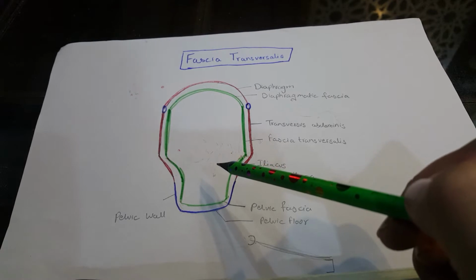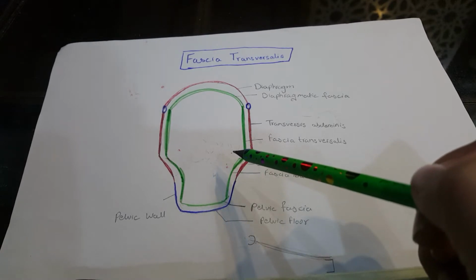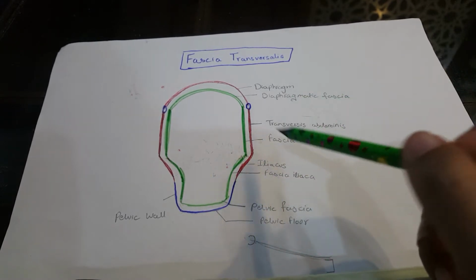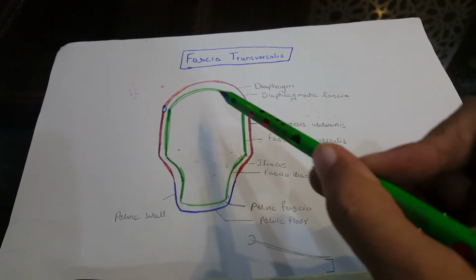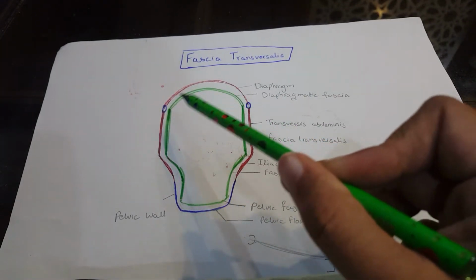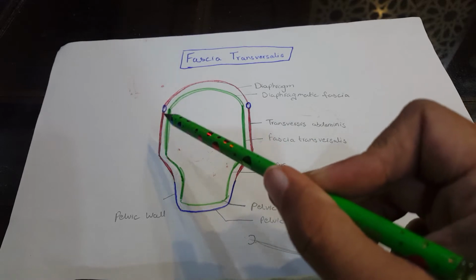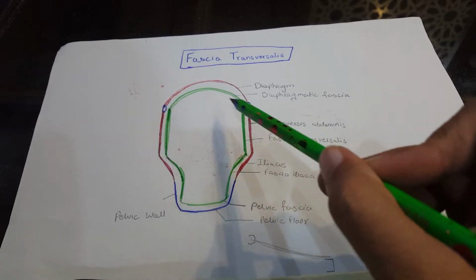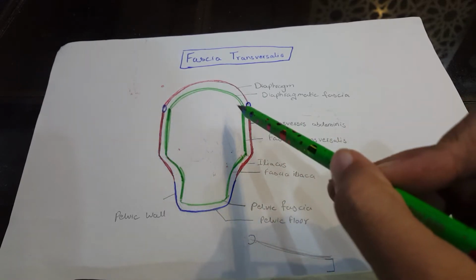Abdominal walls are basically lined by a connective tissue layer in the form of diaphragmatic fascia. Diaphragmatic fascia lines the undersurface of the diaphragm, as you can see in the diagram.